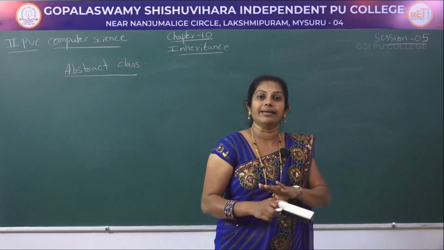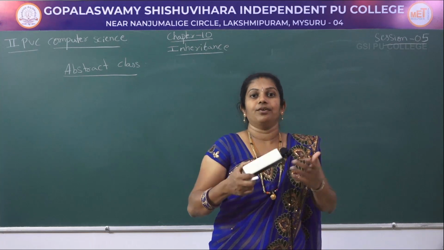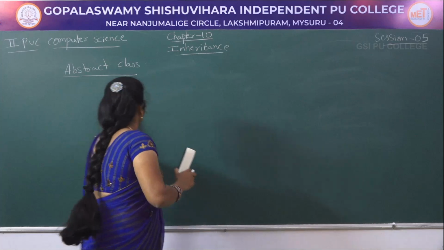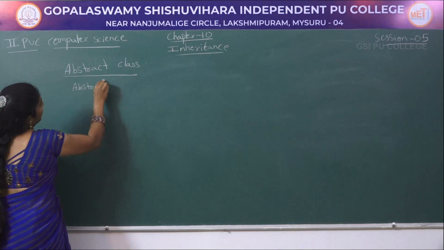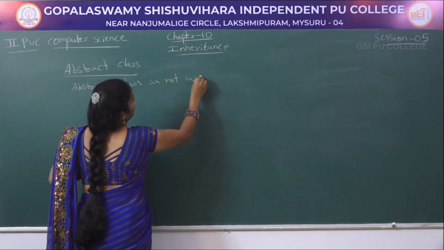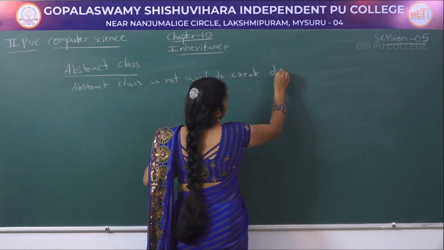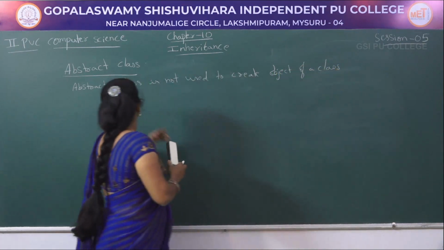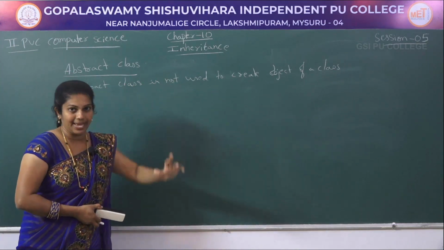Through this we do not create an object, but it acts as a base class for a new derived class. It is not used, especially this abstract class is not used, to create an object of a class, but it is a base class.